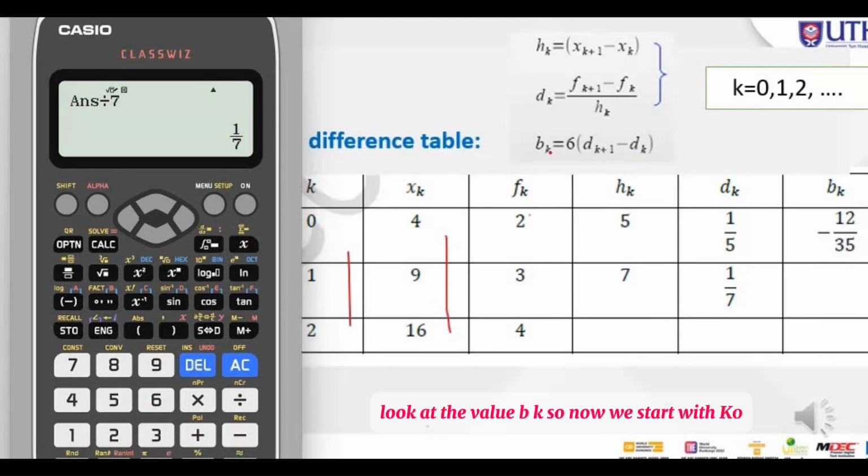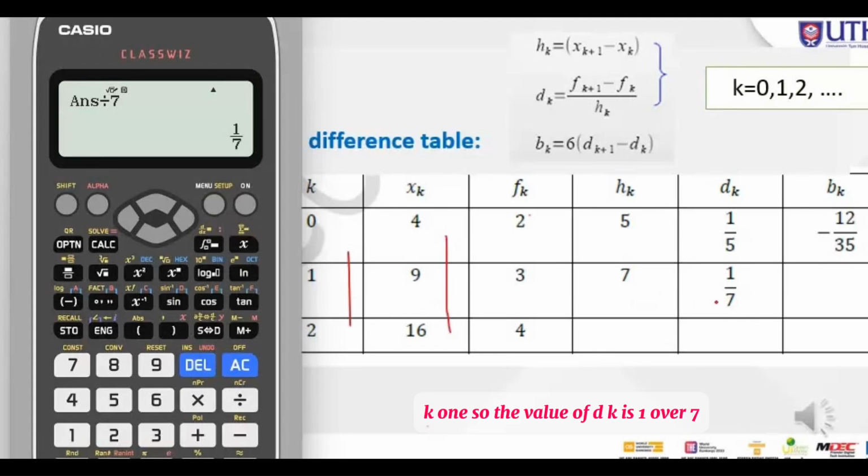Okay, the last one, look at the value b_k. Now we start with k = 0. If k = 0, substitute into the equation for b_k, we will have d_(0+1), which is d_1. So d_1 is referring to here, k = 1.